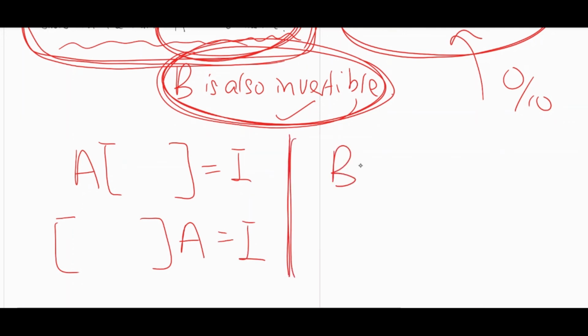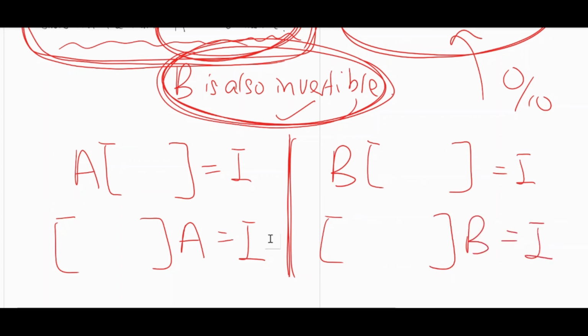You have to do the same thing for B. You have to find something that multiplies B and equals I, and something that B multiplies and equals I. If you can do that, B is invertible. Nothing but the definitions. Don't do anything that you're not allowed to do.